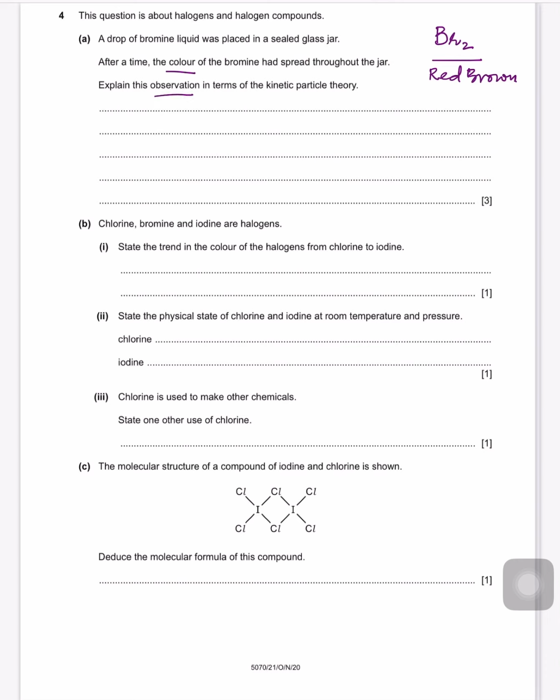So we can say that according to kinetic particle theory, I am going to write the answer here.